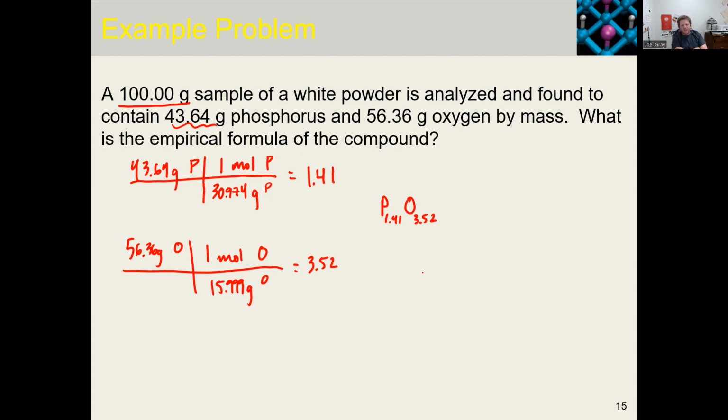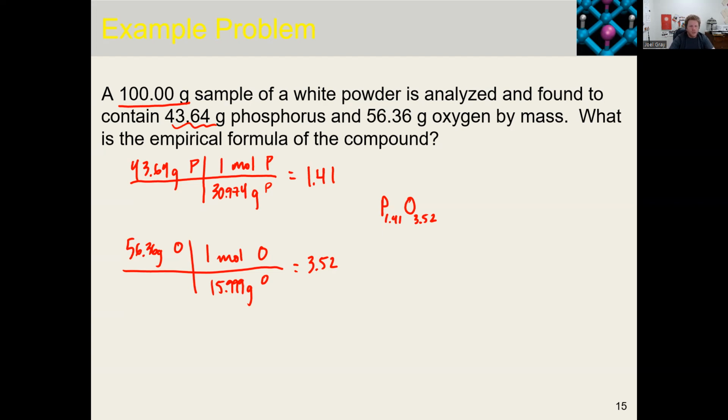Now, when you look at that, one of the things that's a little bit tricky about this sort of analysis is that anytime you look at a molecular formula or anything like that, you are dealing with whole numbers.